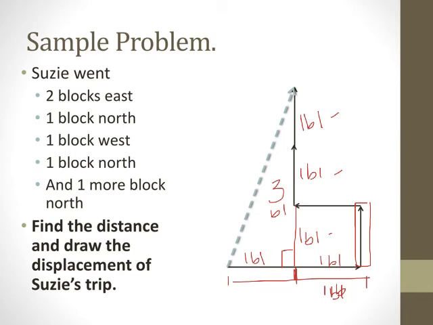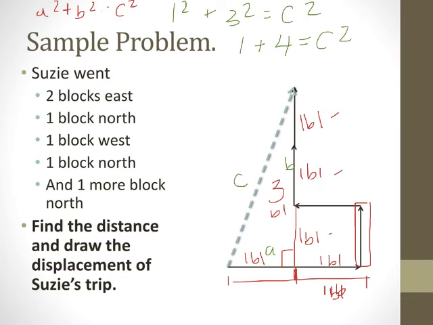Hopefully you are saying the Pythagorean theorem. We have our a squared plus b squared equals c squared equation. If we make this a, this b, and this c, we're going to have 1 squared plus 3 squared equals c squared, or 1 plus 9 equals c squared, or 10 equals c squared.